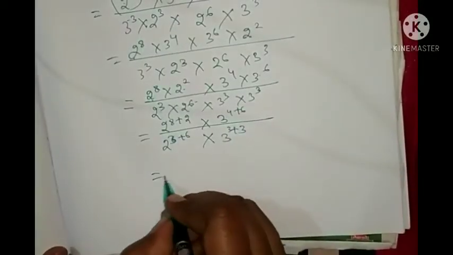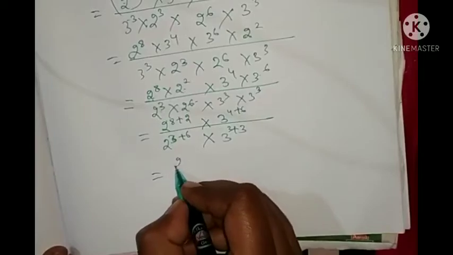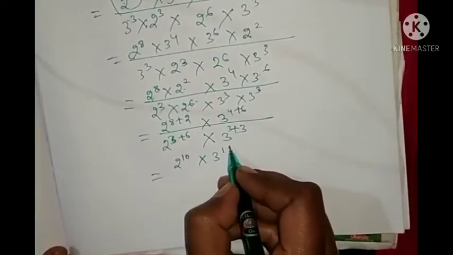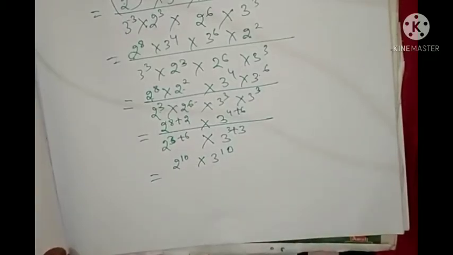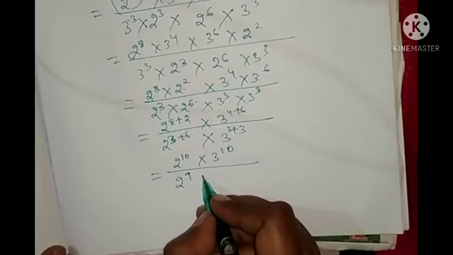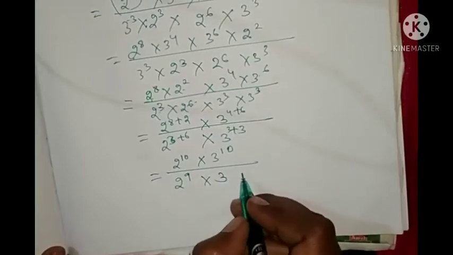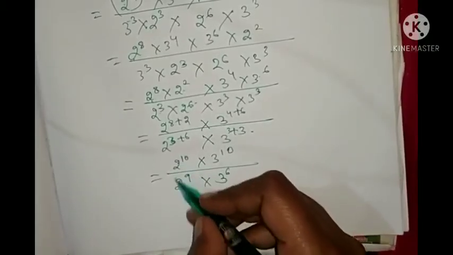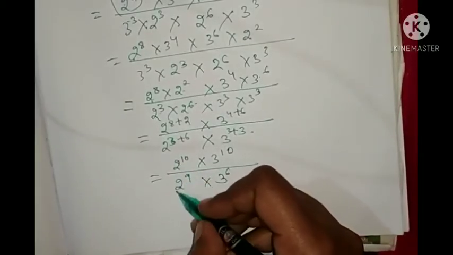Next you see here what we get, 2 to the power 10 into 3 to the power 10. Next, 2 to the power 9 into 3 to the power 6. 3 plus 3 is 6.